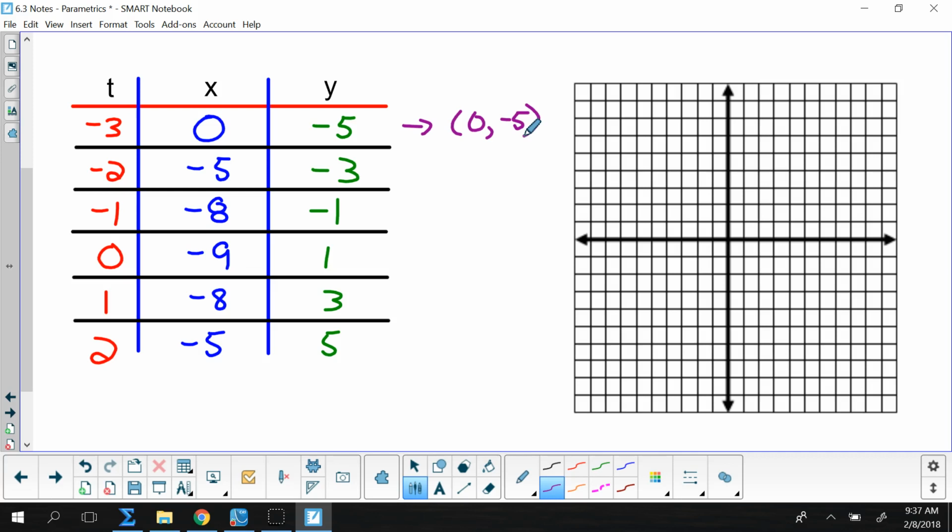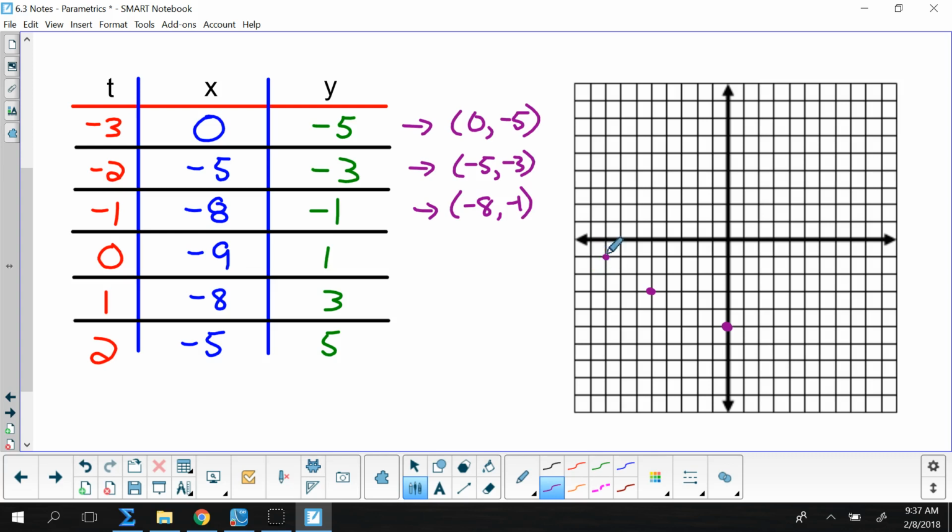Now the point that I'm going to plot is going to be 0, comma, negative 5. One, 2, 3, 4, and 5. So right down there. The point that I'm going to plot next is going to be negative 5, comma, negative 3. 1, 2, 3, 4, 5. 1, 2, and 3. Negative 8, comma, negative 1. 6, 7, 8.